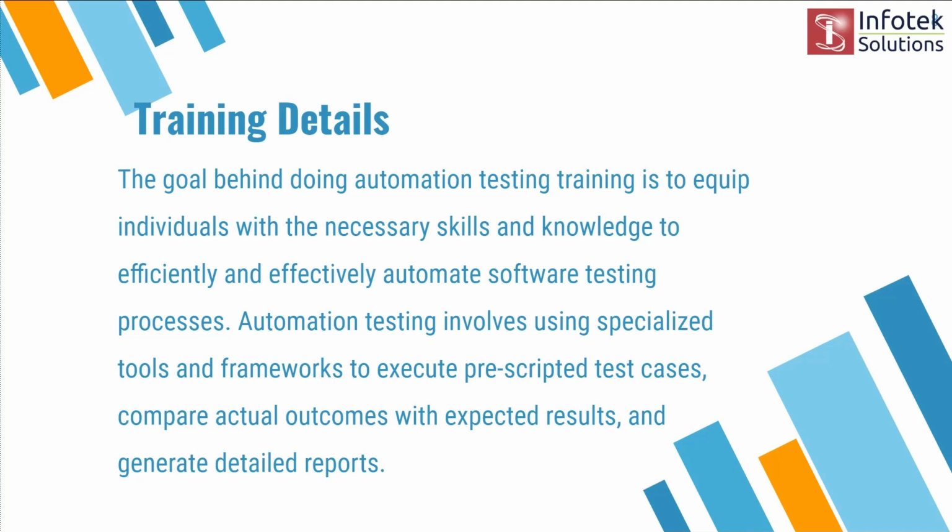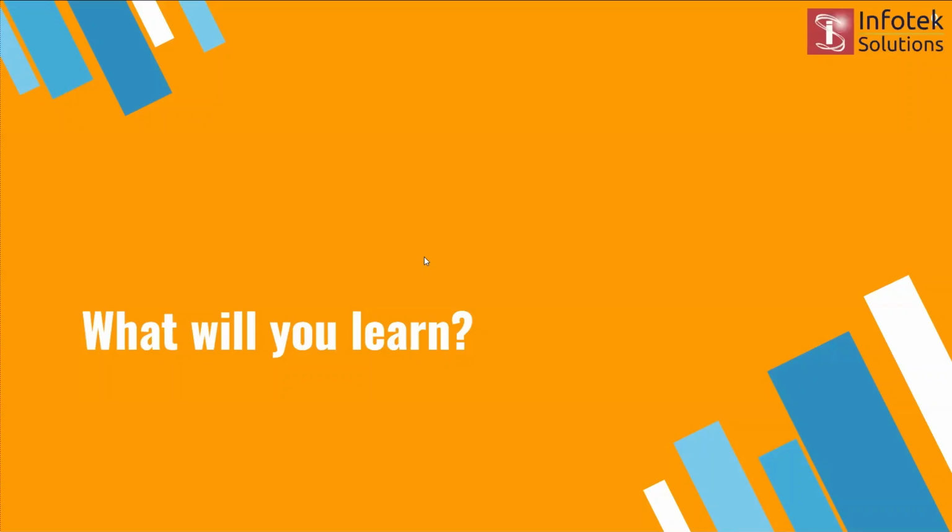So the goal behind this training is to learn skills, to understand these frameworks and how they work, as well as write the test cases, get the results, and at last get a report of all the results and test cases that we are doing. That's what you'll be learning in training, and that's what will make you more efficient in your skills and get ready for your job.